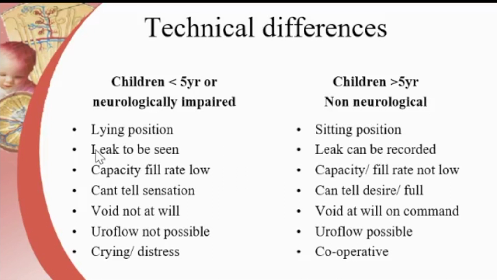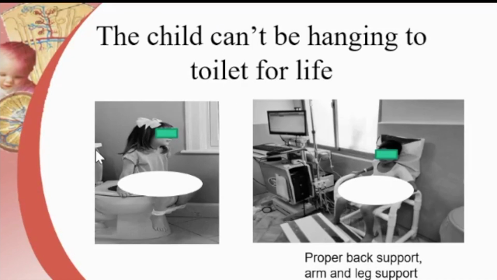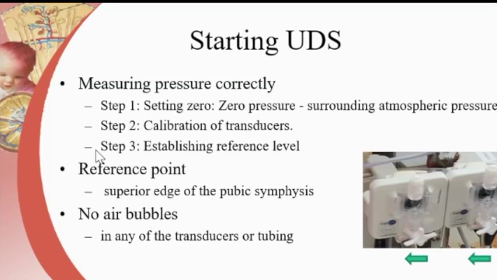With the crying, distress and being non-cooperative, a lot of artifacts are likely in children, and it is essential that you and the parents are available in the area so that you can deal with those things and make sure that you note the artifacts. So that is about it. Now the child cannot be hanging on the toilet for life, so you have to make sure that the child has got proper back support, arm support, and leg support.